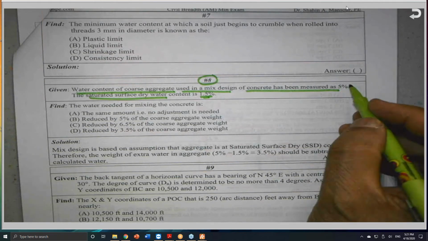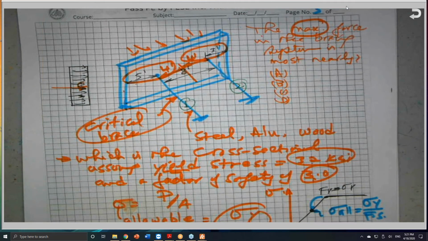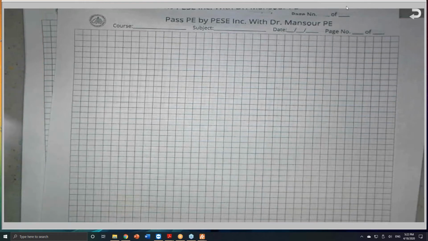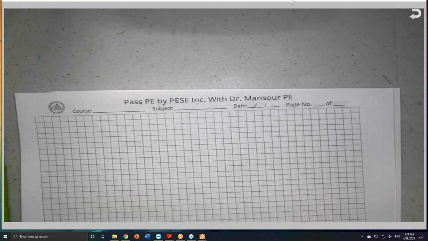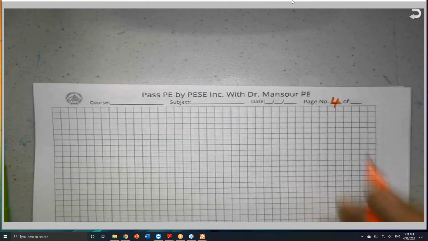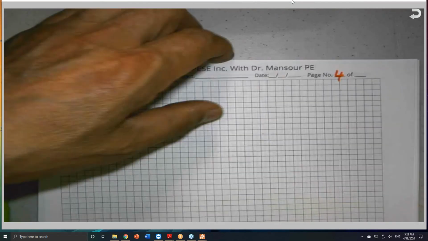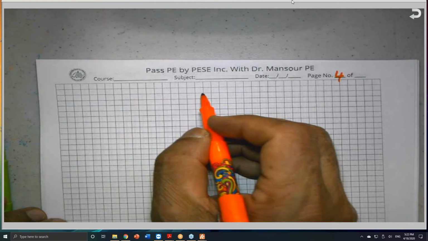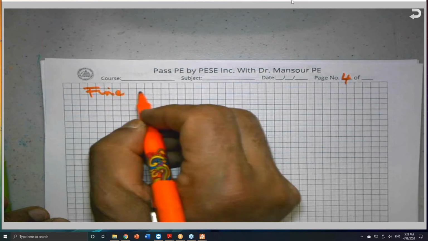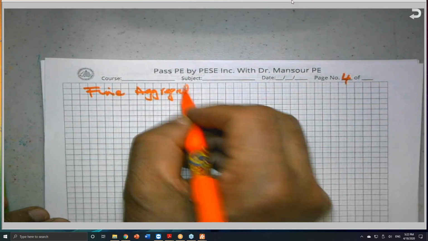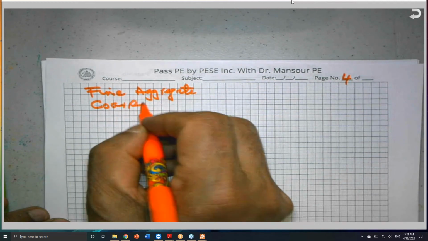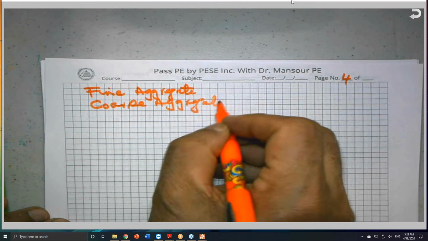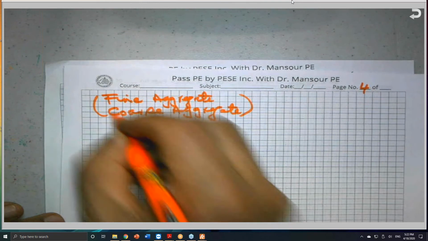So the discussion I provided before related to this, about the fine aggregate and coarse aggregate, and how we can adjust for the surface water.